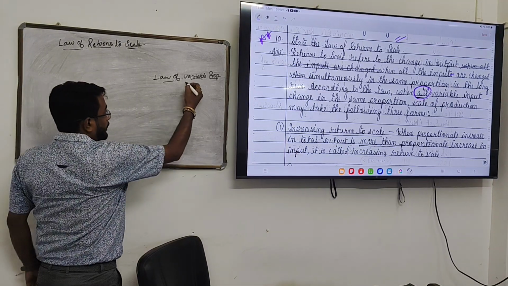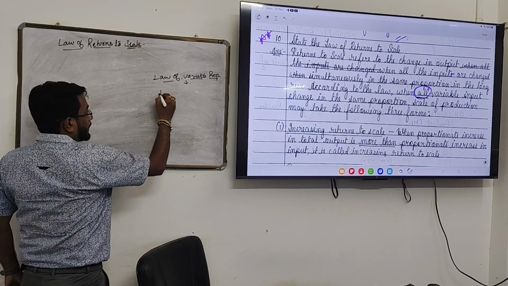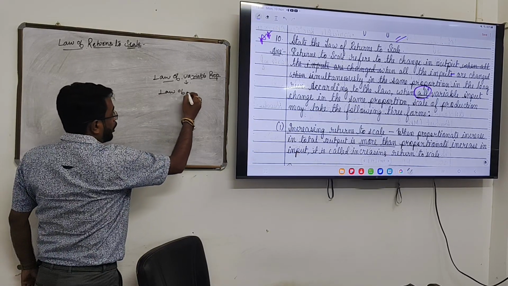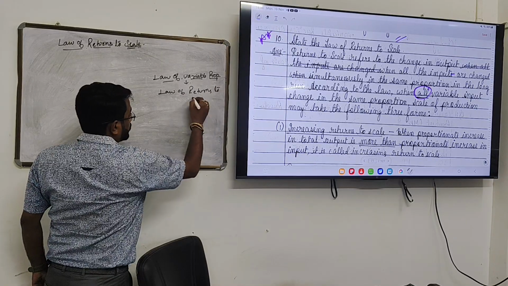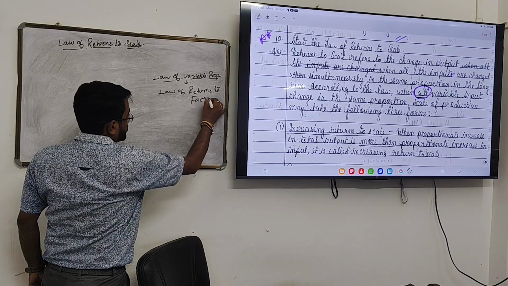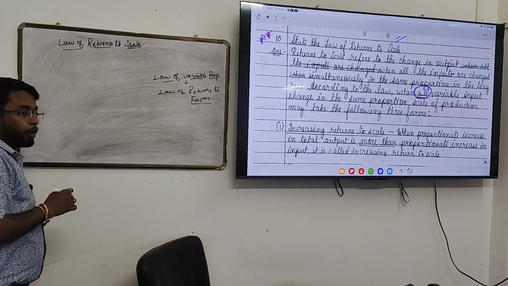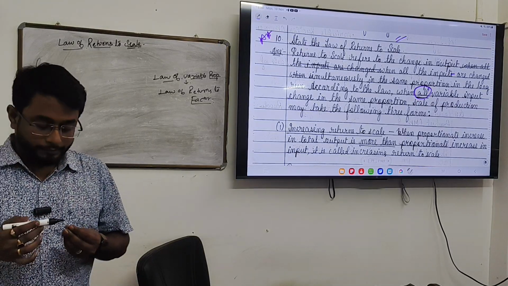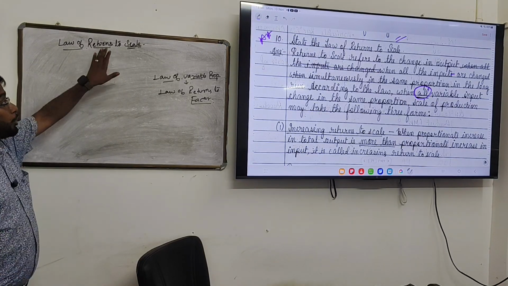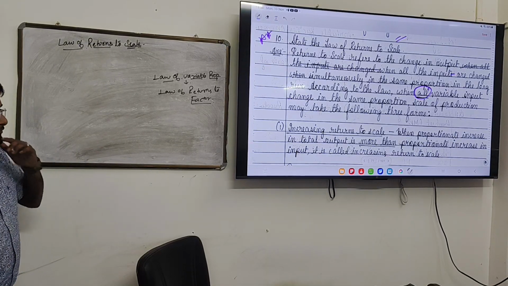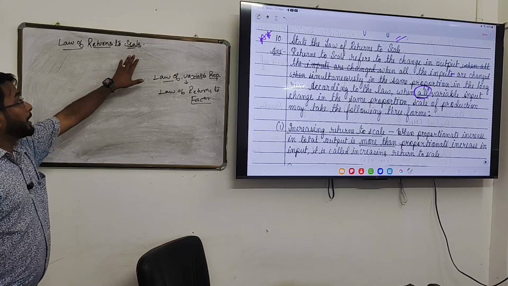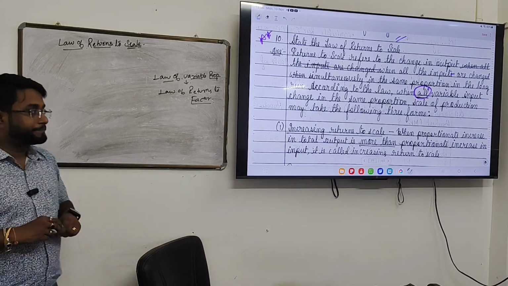Now the law of variable proportion has another name, the law of returns to factor. And this law is called the law of returns to scale. Just one word difference: here it is factor and here it is scale.